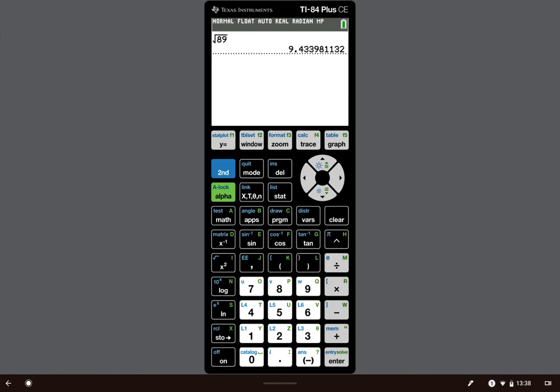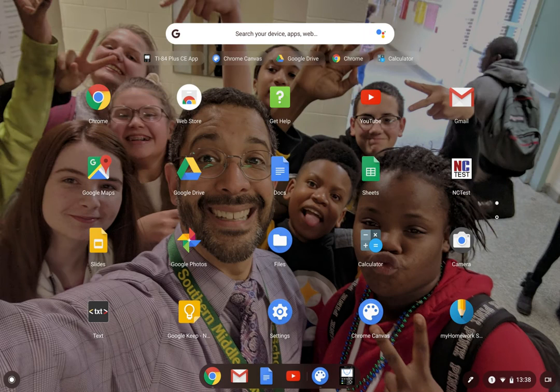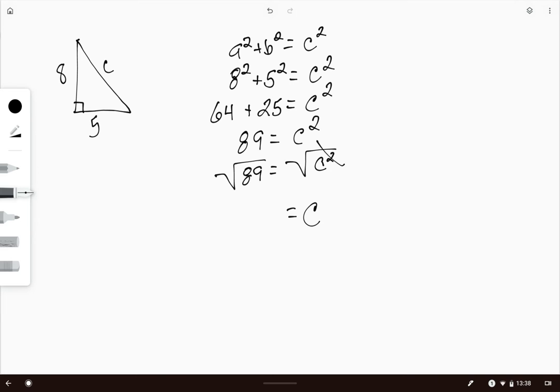I look next door. Is it 5 or more? I add one more. If it's less than 5, we shut the door. So 3 is less than 5, so my answer is simply c equals 9.4. That's the answer to number one.